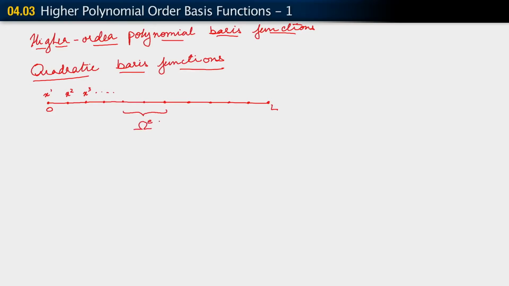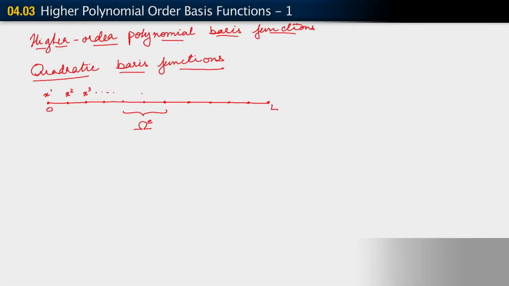Okay, it turns out that just as linear 1D elements have two nodes, because we need essentially 2 degrees of freedom in order to interpolate linears, right, in order to write out a linear equation, it follows that quadratic elements in 1D have how many nodes? 3, right?